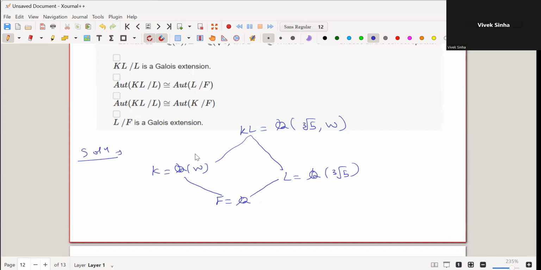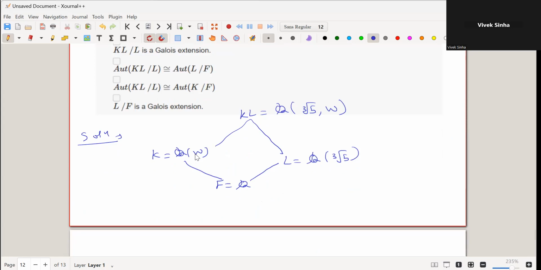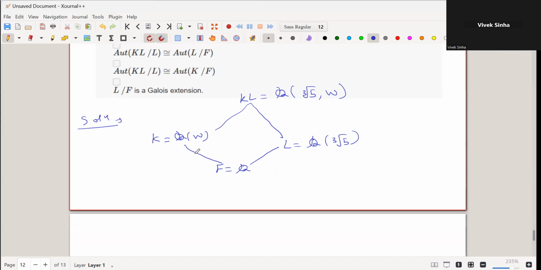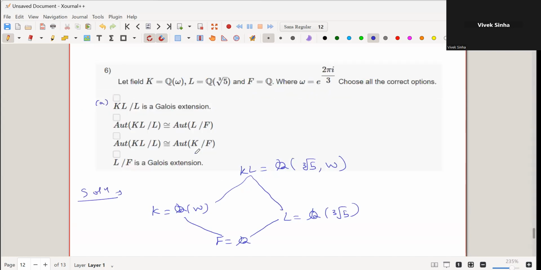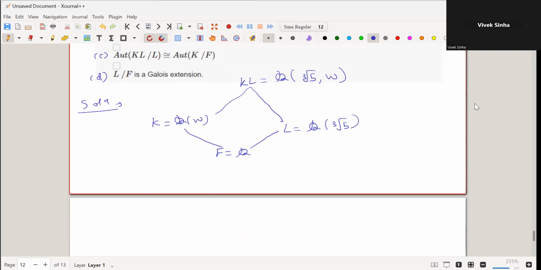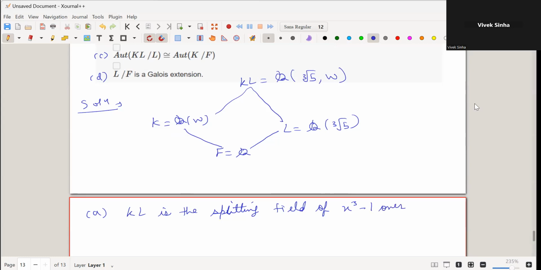So KL over L, is it a Galois extension? Let me just give the options some names: A, B, C, and D. A, yes, KL is the splitting field of x cube minus 1 over L, right?